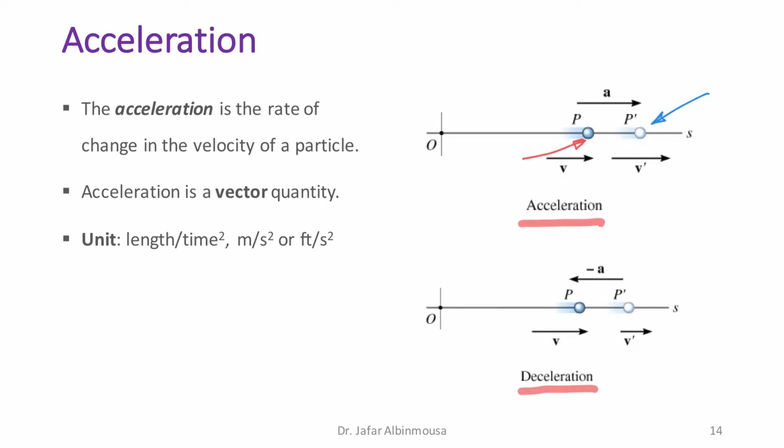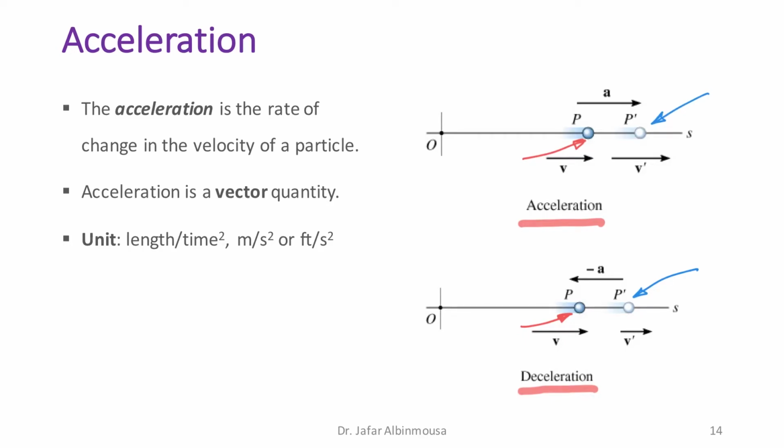In deceleration, the particle again was initially at this position P, and then it moved to position P prime. However, by the time the particle moved from v to v prime, its velocity started to decrease.